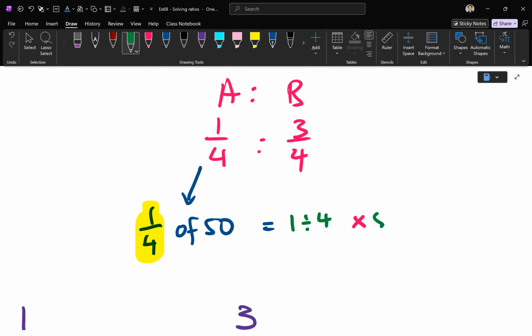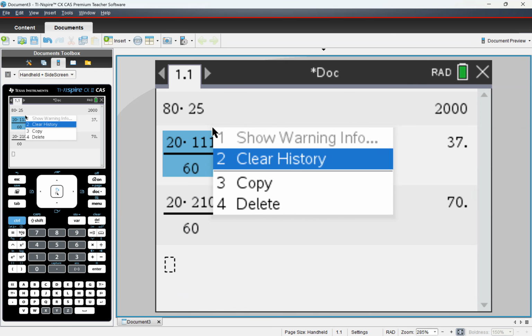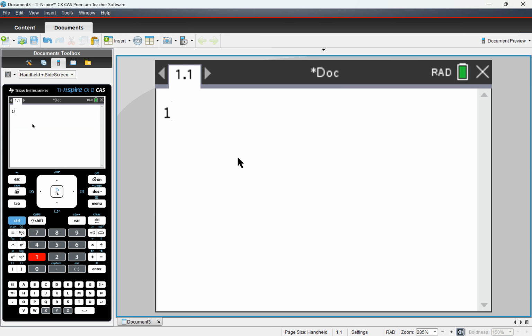On your calculator, all you had to type was literally what we just said. When you say a quarter of 50, you're doing 1 divide 4 times 50. It's not hard. That line literally means a quarter of 50. If you type that in your calculator, it's $12.50.